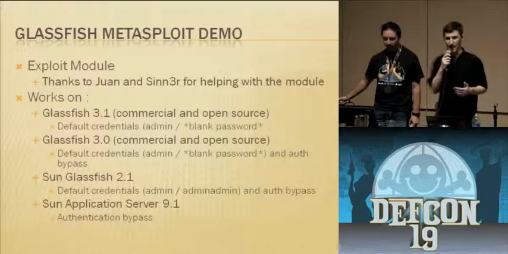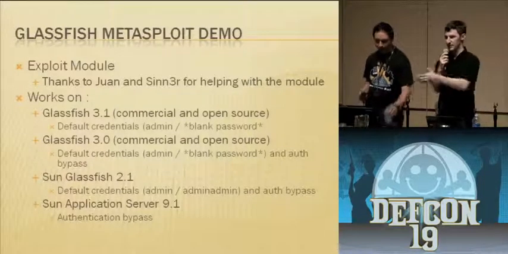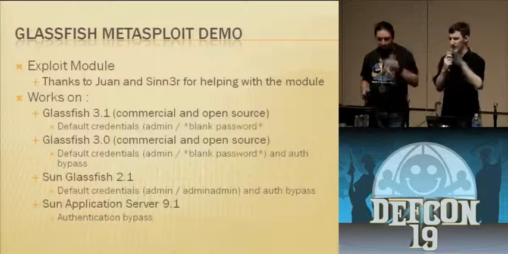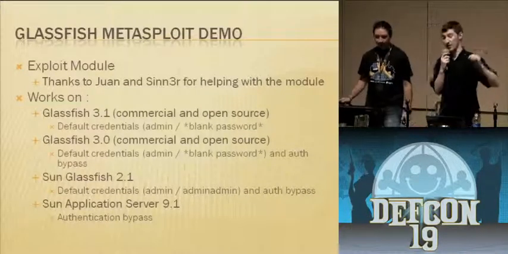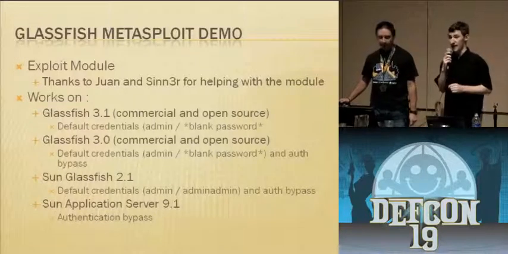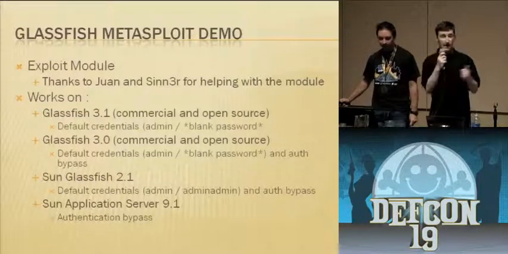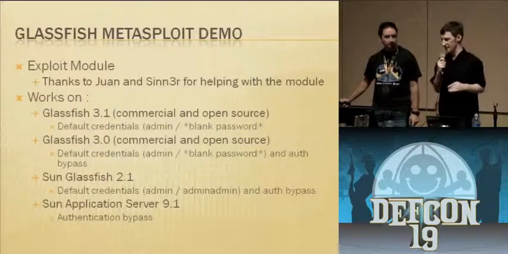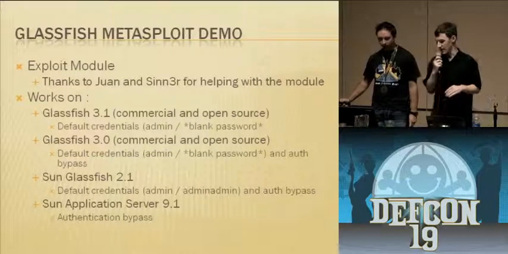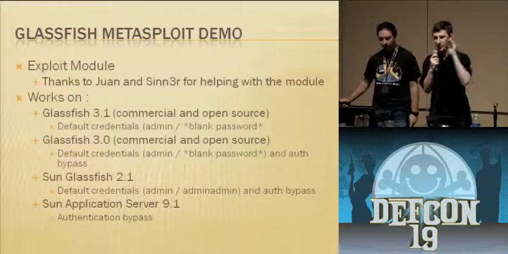I worked with a couple other guys on this from the Metasploit team and some contributors, and we got the exploit working really beautifully. If you want to try it, right now it's already in the Metasploit SVN. It does version detection for you, and then it does the best approach first, and then walks down from there. On GlassFish 3.1, you have default credentials.